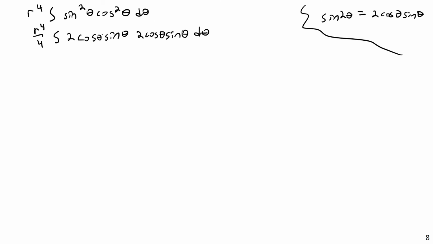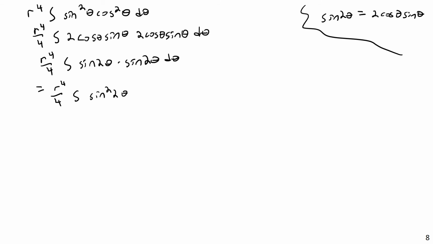That's why I'm putting this into this form, because then I can write this as r to the fourth over 4 times the integral of sine of 2 theta times the sine of 2 theta d theta. Or I can say this is r to the fourth over 4 times the integral of sine squared of 2 theta d theta. So we are getting somewhere, theoretically.